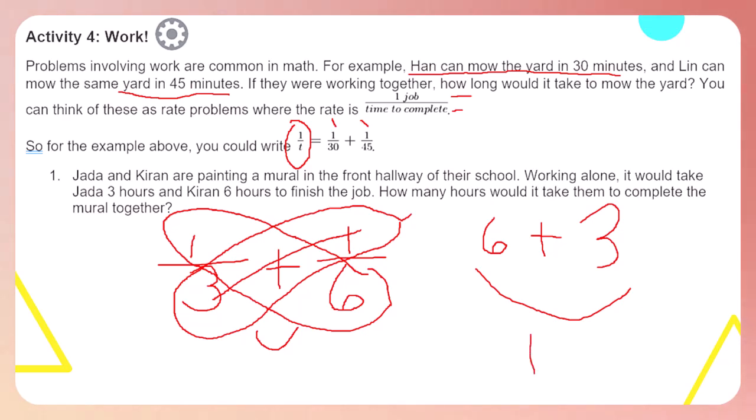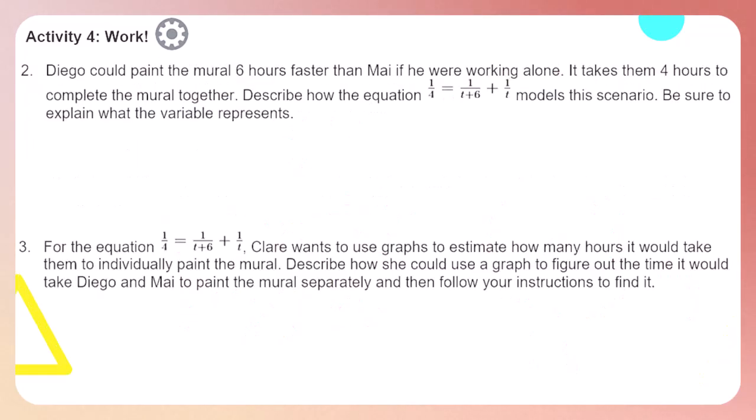So 6 plus 3 is 9. 9 over 18 is 1/2. So for one job, it would take them 2 hours working together. We simply add up the work times together.